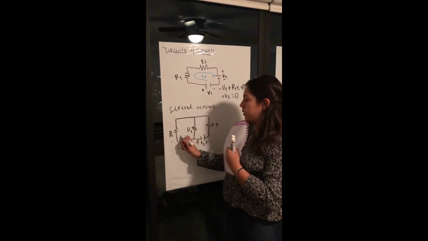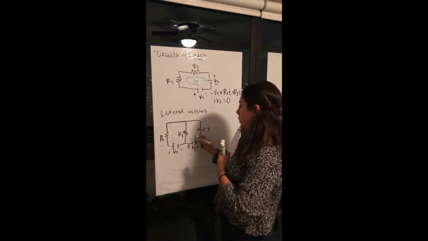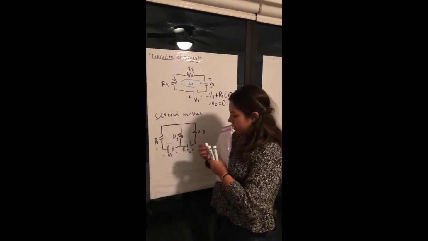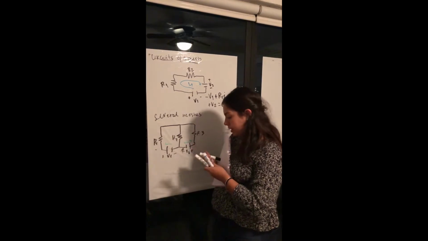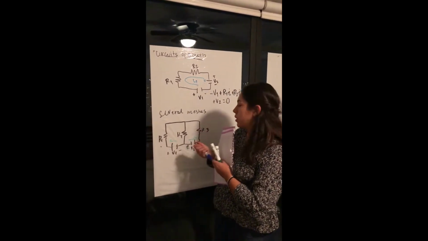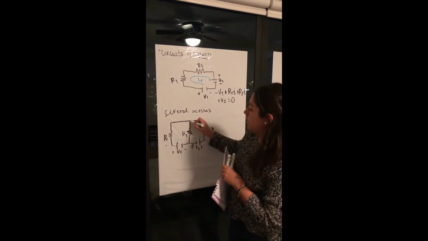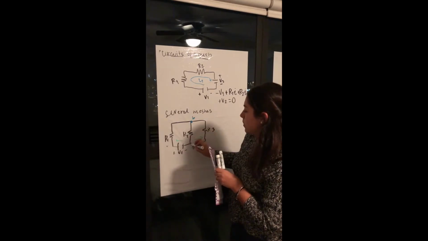So the current would go this way, following the voltage drop, and this one would go this way. The next thing we can do is establish Kirchhoff's current laws for my nodes. I'm going to say that this one is my node B and that this one is my node A.